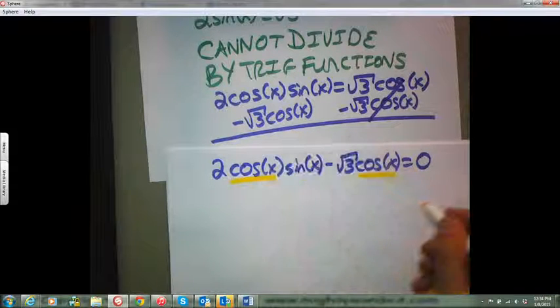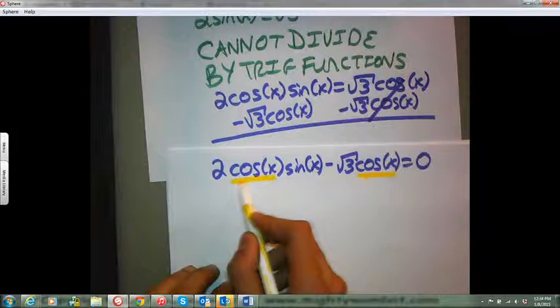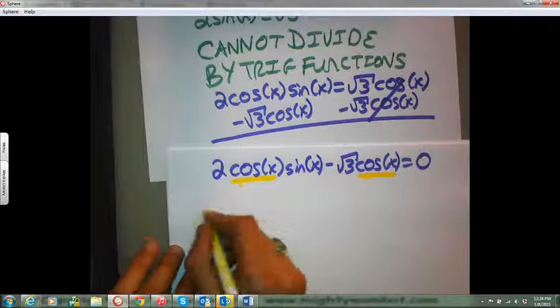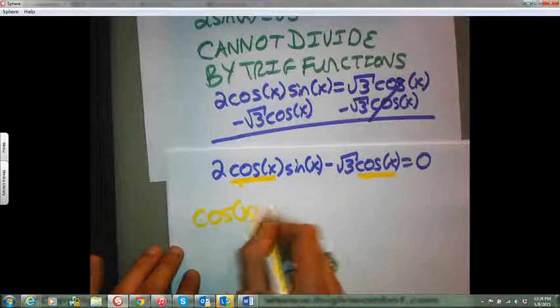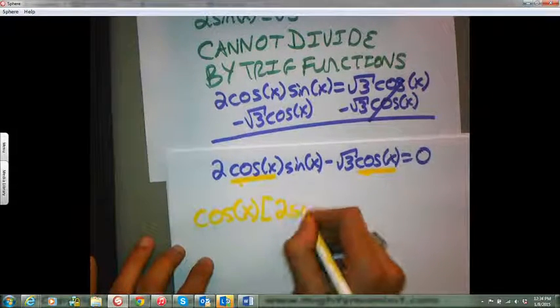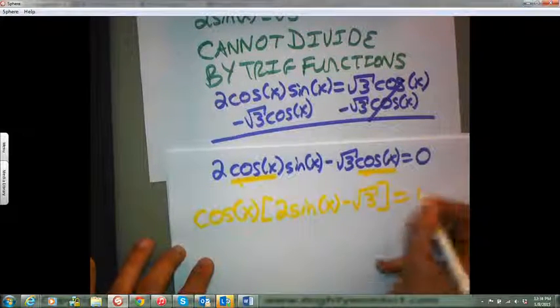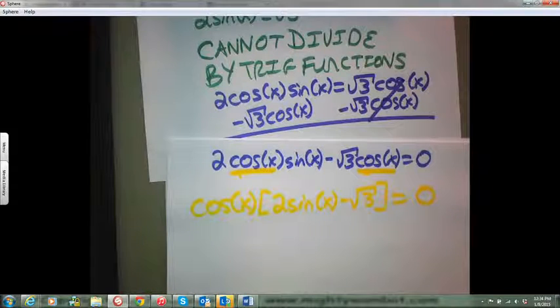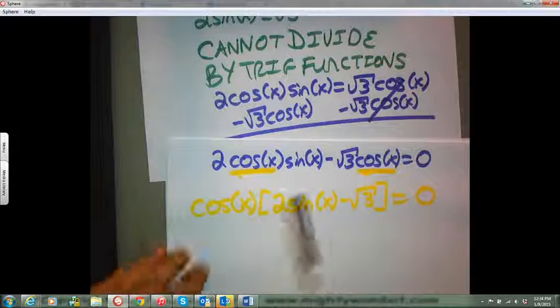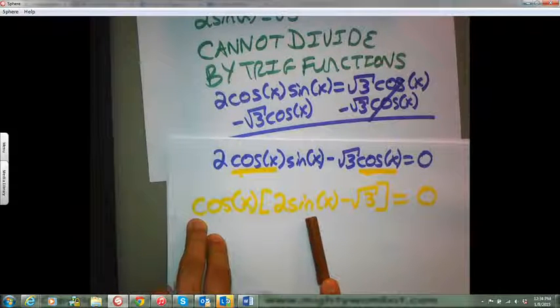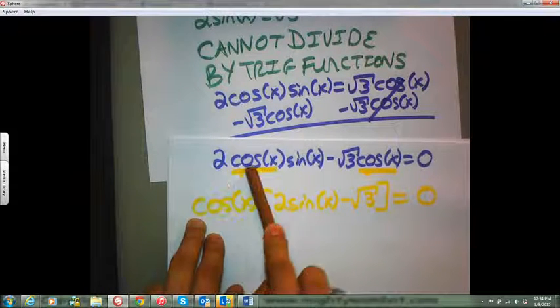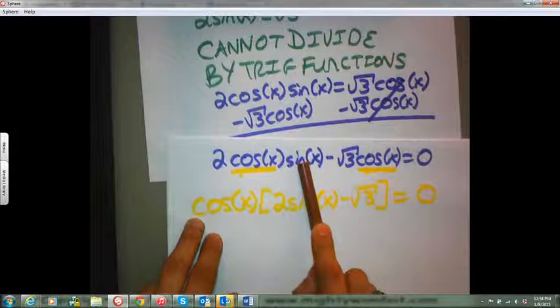So you have cosine of x, 2 sine x minus root 3 equals 0. Why does this work? Because if I distribute this, if I do cosine of x times 2 sine of x, what do I get? 2 cosine x sine x. If I do cosine of x times negative root 3, what do I get? Negative root 3 cosine of x.